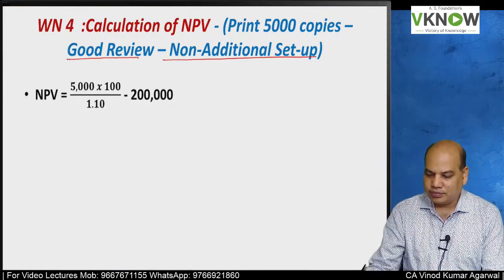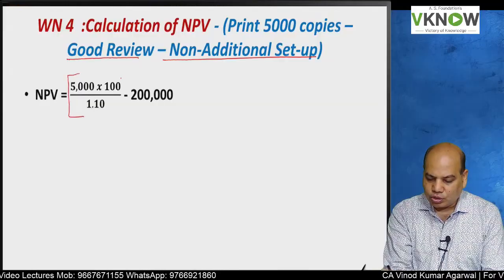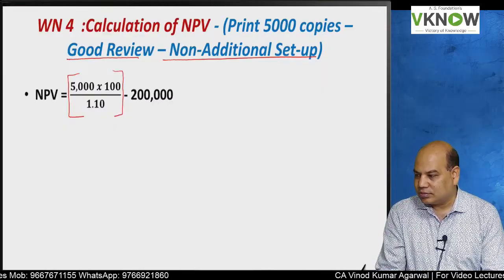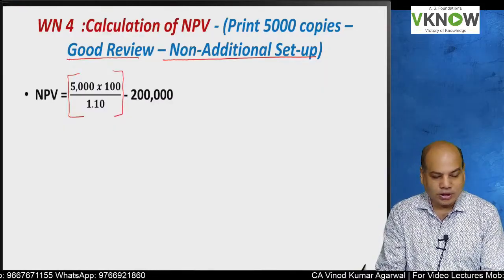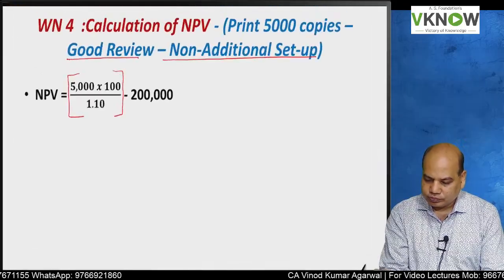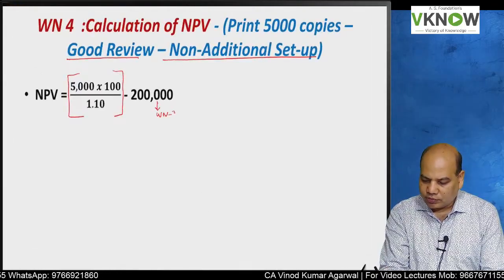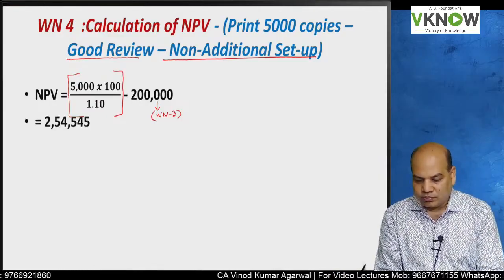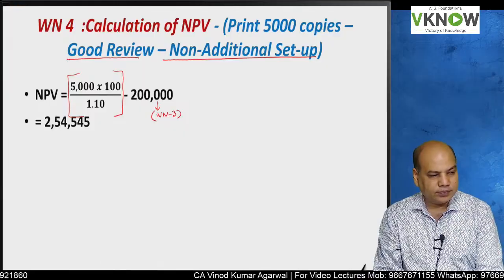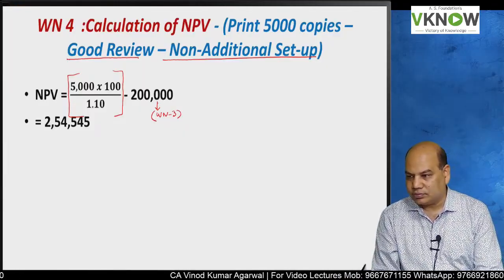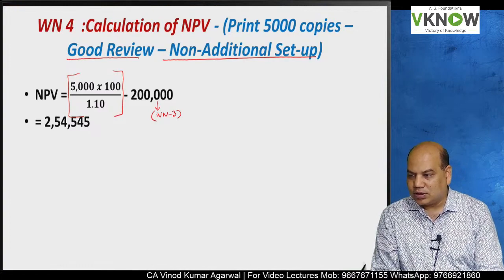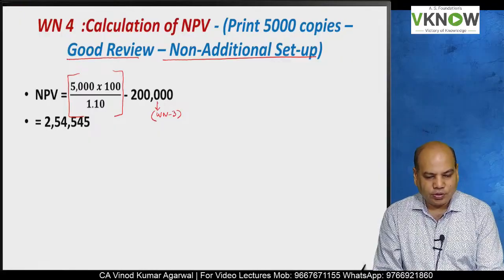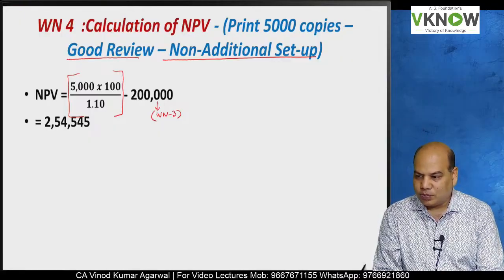Divide by 1.10 will give me present value of cash inflow minus initial cost 2 lakh, which is calculated in the previous working note. This 2 lakh is as per working note 3 if you want to write. So the answer would be 254,545. That is my answer if I do not print further, even though I get good review.